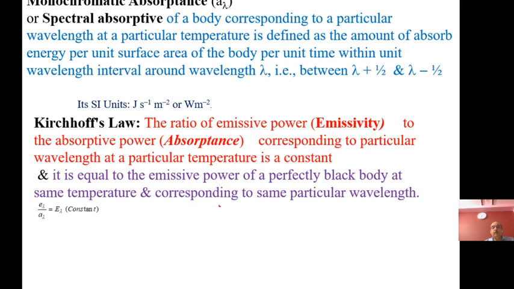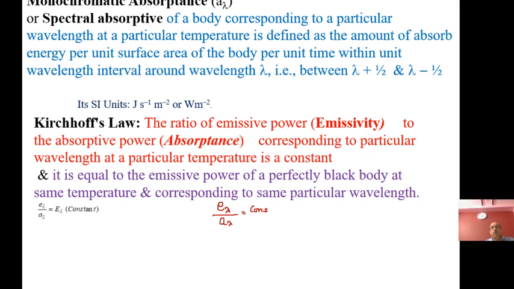So E lambda, that for a particular wavelength, this is the emissive power or emittance, divided by the absorptance for that wavelength is always constant.